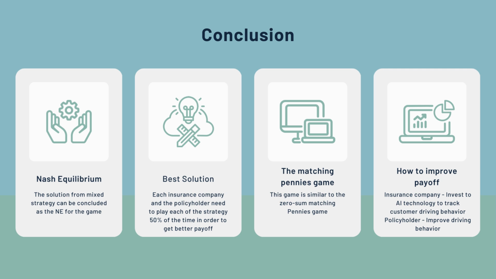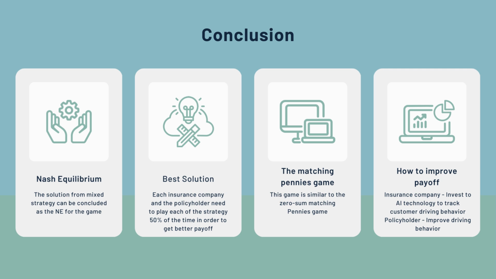Looking at the payoff and the solution of this game, it is similar to the matching pennies scheme, a simplified version of rock, paper, scissors, about gain and loss. This game is similar because it is a zero-sum matching pennies game.